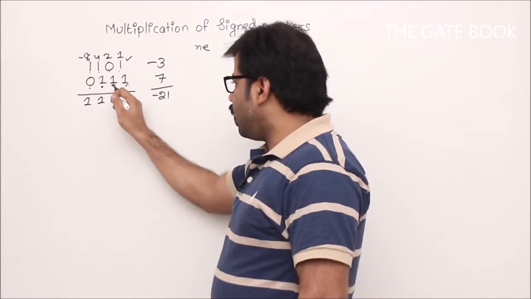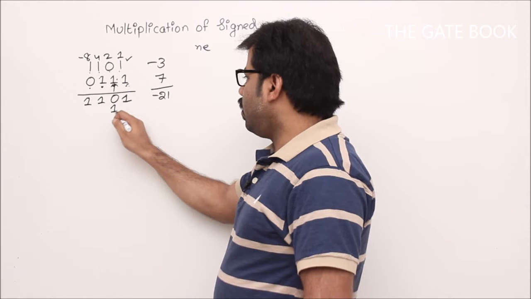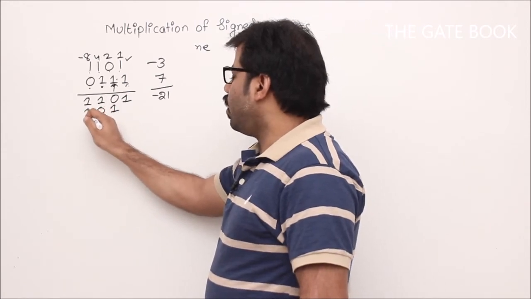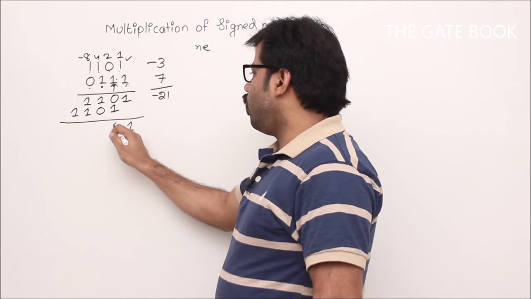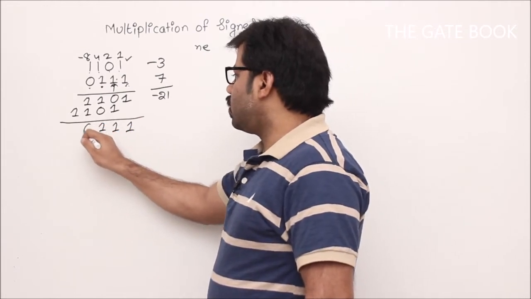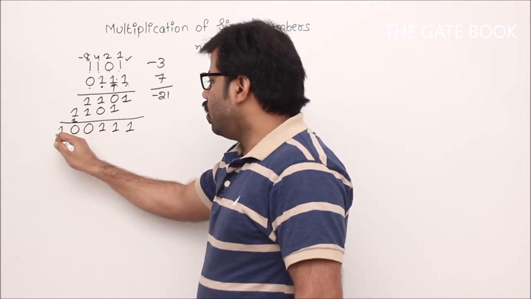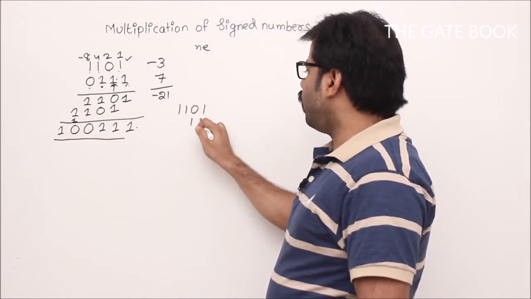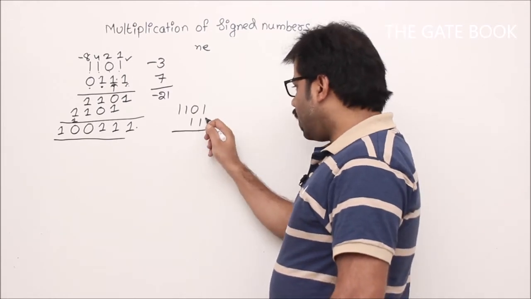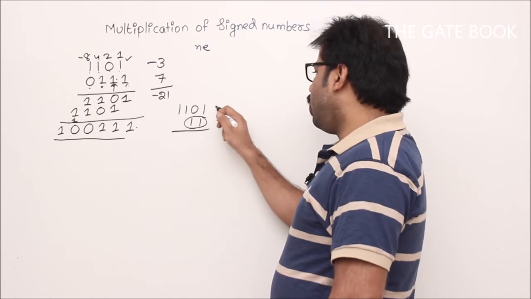Now let's extend our idea. We are multiplying with this one. Let us do that: 1011. You get 1101. Let's check again: 1111 plus 1011 plus 101. So this is the result of multiplying 1101 with 11. I am assuming that this is a positive number, 3. So this is the negative number, minus 3.